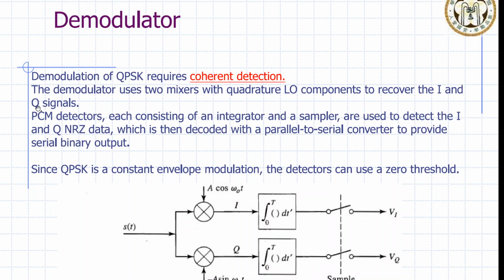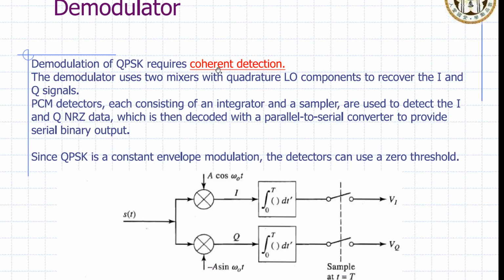Now the demodulator. We will be using a coherent detector. This QPSK can be considered as 2 BPSK modulated signals in parallel. So the demodulator uses 2 mixers with quadrature local oscillator components to recover the I and Q signals. So 2 correlation receivers.